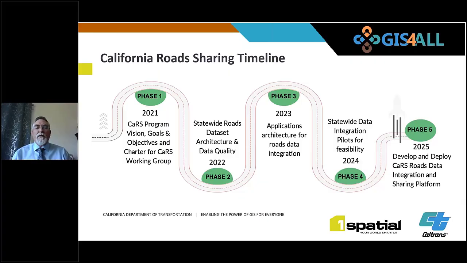After we complete the pilot with these additional counties, we'll begin working with all 58 counties in the state of California. As I mentioned, we are trying to reduce the burden on the counties by not requiring any additional data submittal to the state. But at the same time, we are engaging with them throughout this process to see if there's any additional needs that we could potentially fulfill for those local government agencies that could be a byproduct of this project. Next slide.